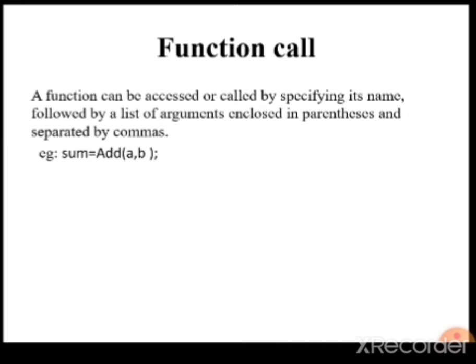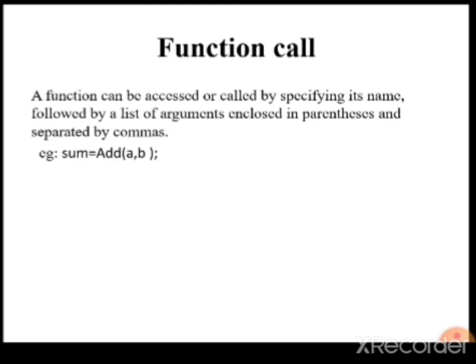If we have an argument list, we can mention it. Here in the function call, we are not mentioning the data type of the variable, but we are using variables of the data types mentioned in the parameter list of the declaration.